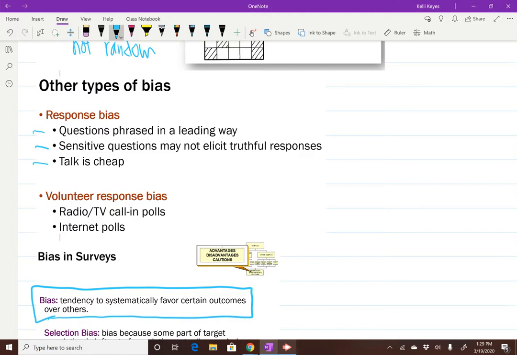And then you have the volunteer response bias. This happens all the time. Okay, whether it's radio, TV, internet polls, everything like that. Usually, those that respond to those surveys feel strongly one way or the other about that, right? So this one happens a lot.